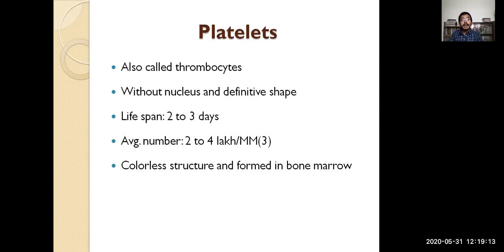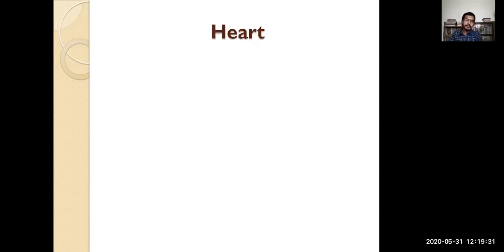These platelets are colorless structures, and they are also found in the bone marrow like other types of the blood cells. These are the smallest blood cells, and the main function of these platelets is to carry out the clotting function during the time of injury or hemorrhage or excessive blood loss.